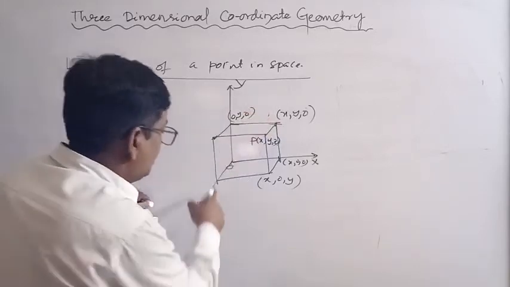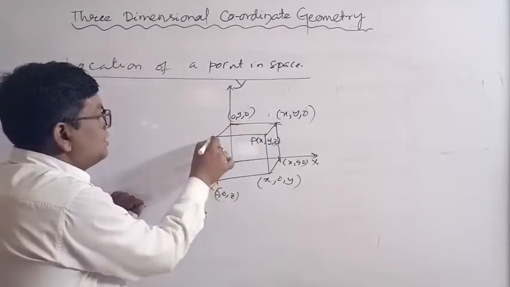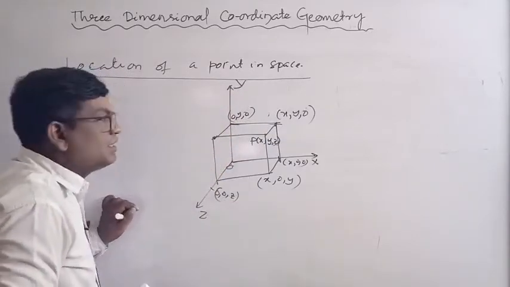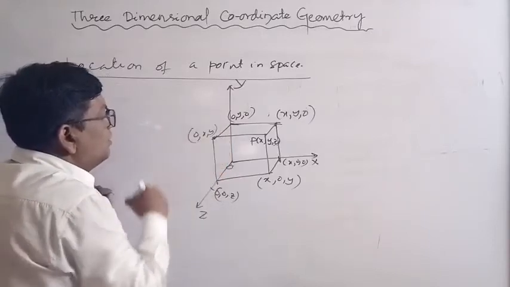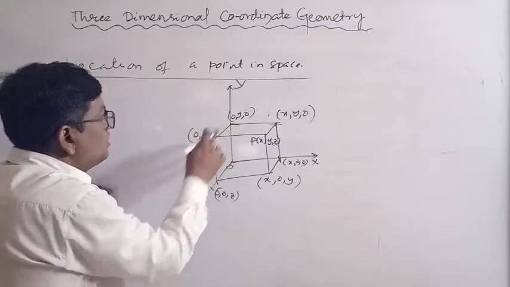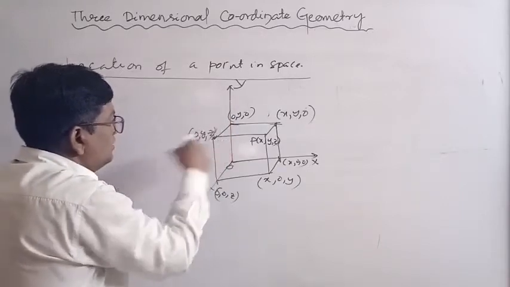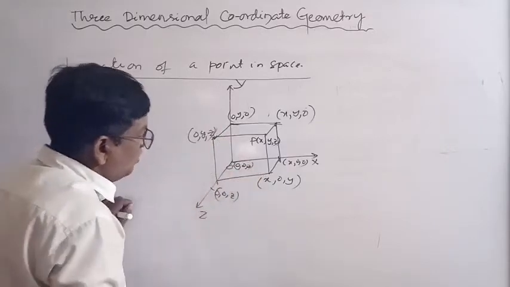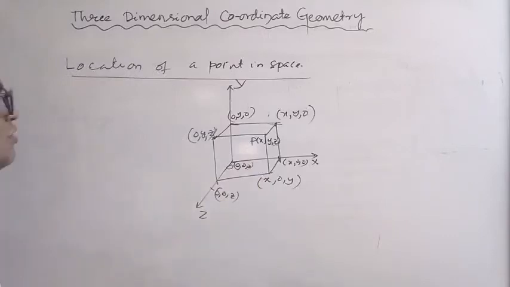This is the z axis, so 0, 0, z. This is the YZ plane, which means x is equal to 0, so 0, y, z. And this is the origin 0, 0, 0. Okay, these are the locations of points in 3-dimensional geometry.